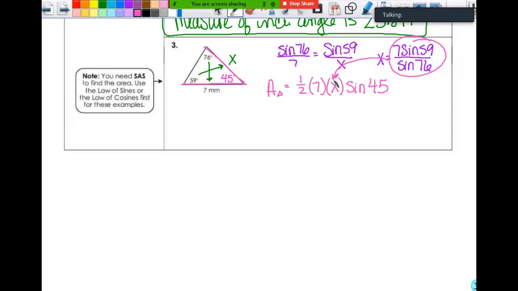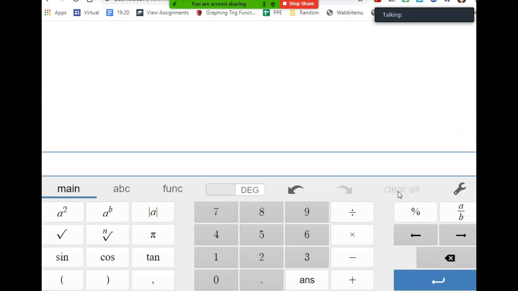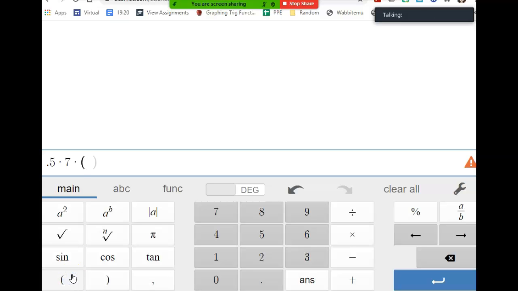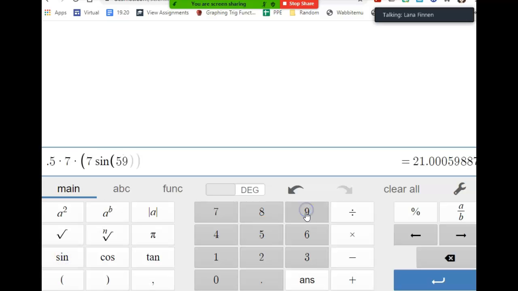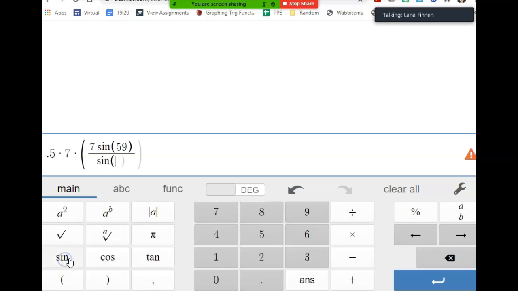Okay. So let me clear all this off. I'll have 0.5 times 7 times, then I'm going to put this in parentheses here, 7 times the sine of 59, close those parentheses, divided by the sine of 76, close those parentheses, times the sine of 45.